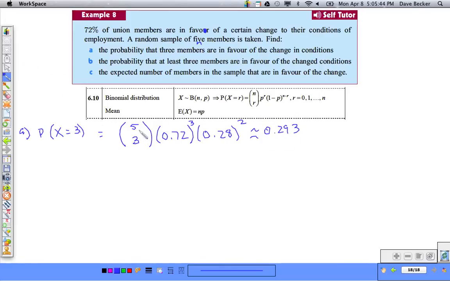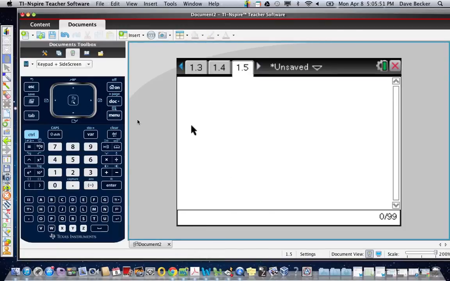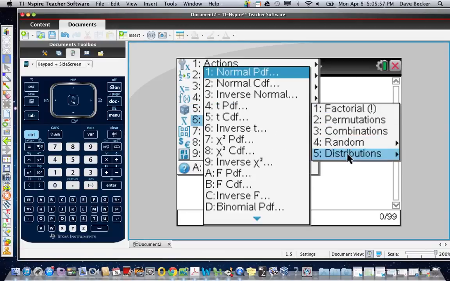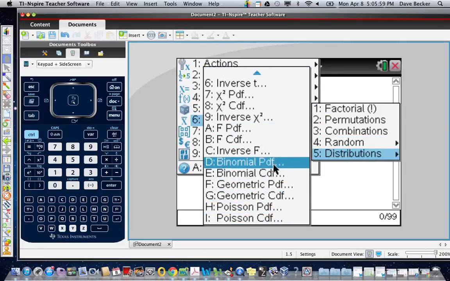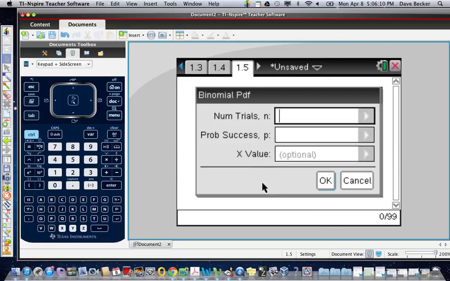Now, you should remember how to do the choose function on your calculator, but you can also do it very simply like this. Couldn't be easier. Menu, probability, distributions. And we're going to go down and we have a choice. The specific probability, binomial p, or the cumulative. If we're looking for a specific probability, which we were, x equals 3, then that's the one we use.